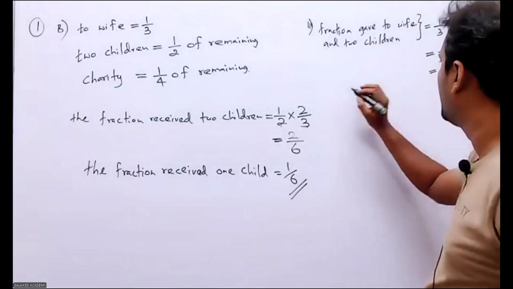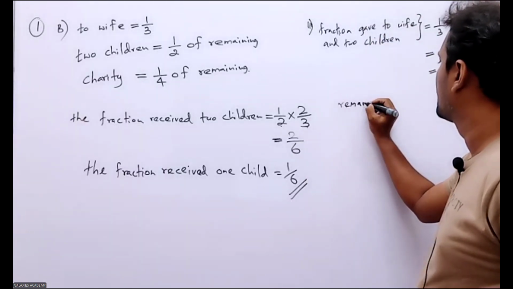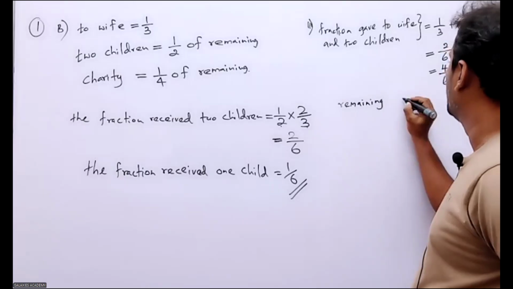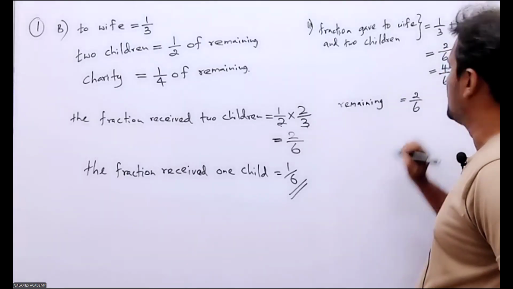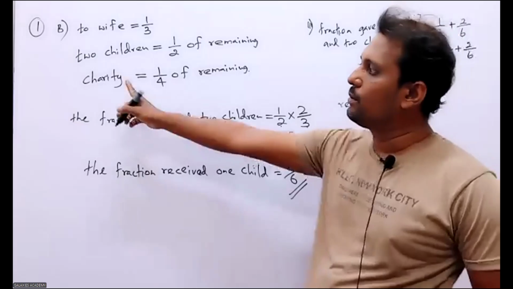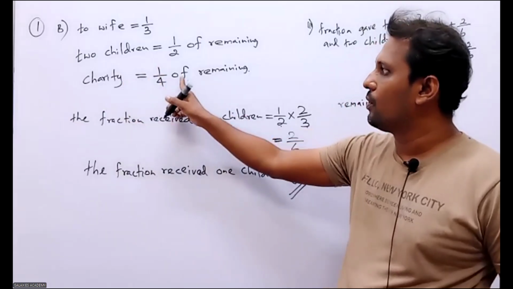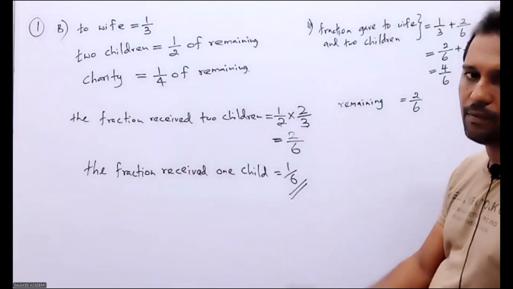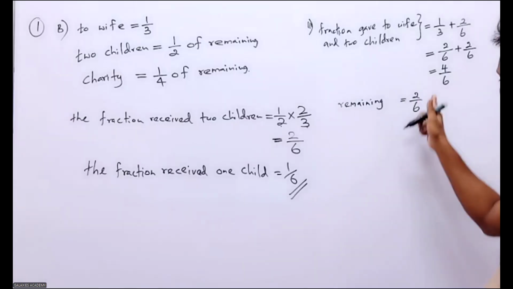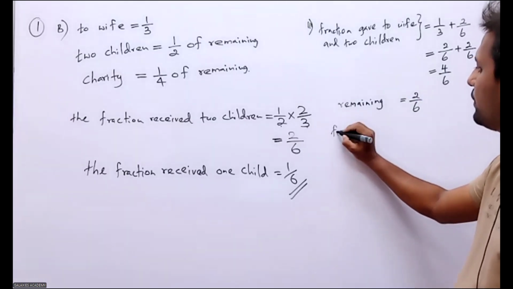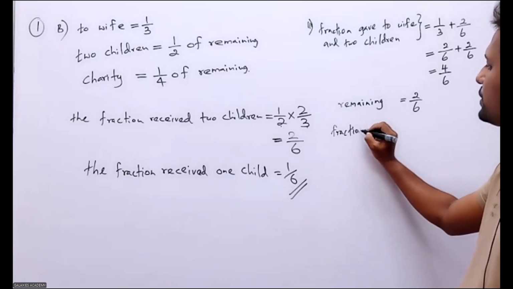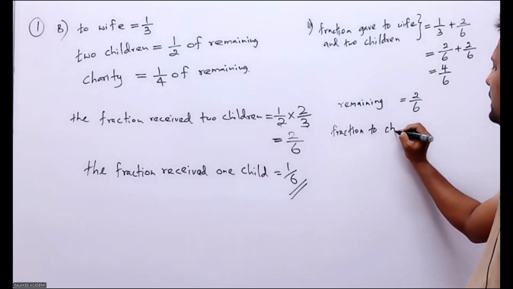Right? So I will write here, remaining 2 over 6. Then he gave to charity 1 over 4 of remaining. Right? 1 over 4 of remaining.